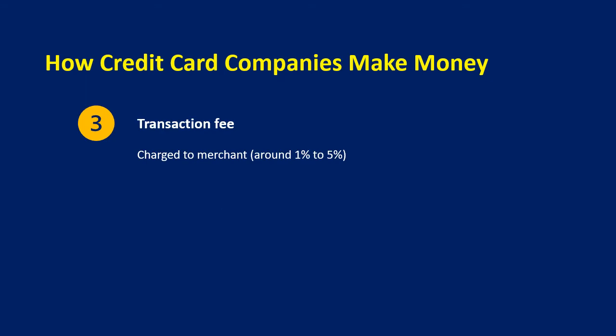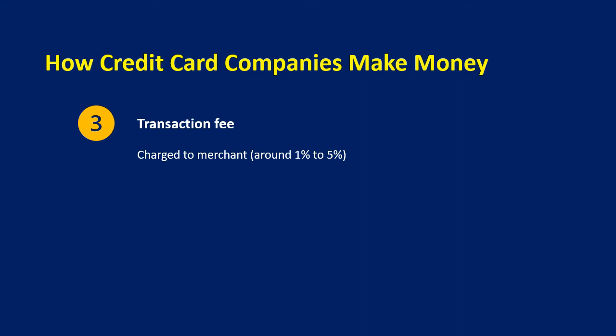You also have transaction fee, but this is actually charged to the merchant. So that's why not all companies accept credit cards, so you still have to ask, right? Because they also get charged.